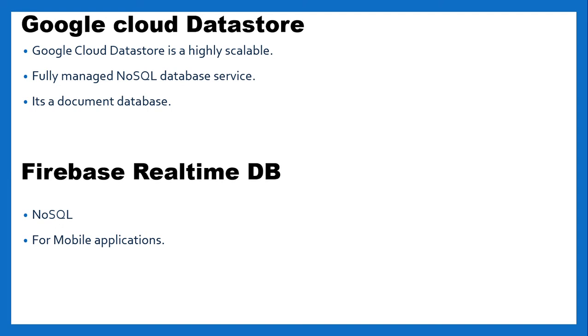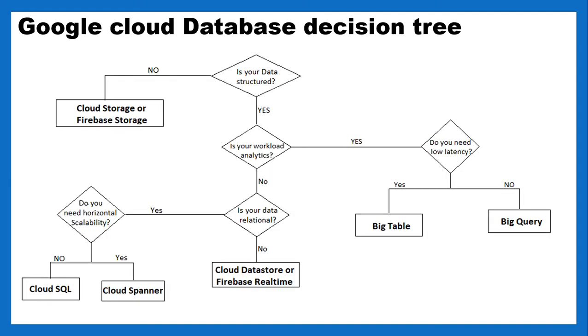Now next, let's see how we can decide which database should be used for our purpose. This is a database decision tree. It will help you understand which database should be chosen for your application or workload. First question: is your data structured? If no, then we can use Cloud Storage or Firebase Storage.